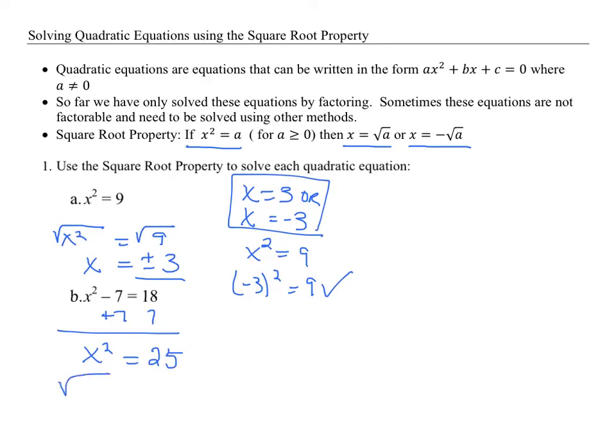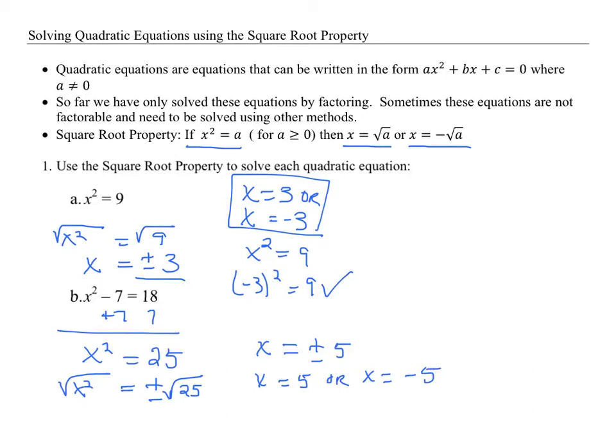So I get the square root of x squared is equal to plus or minus the square root of 25. Square root of x squared is x, and then I will get plus or minus 5. So I have two solutions. x is equal to 5 or x is equal to negative 5.